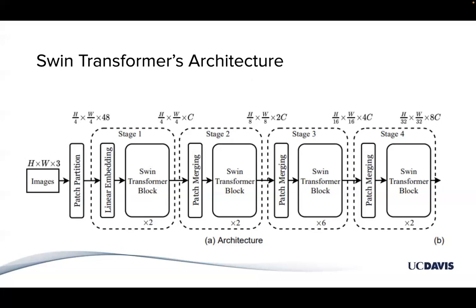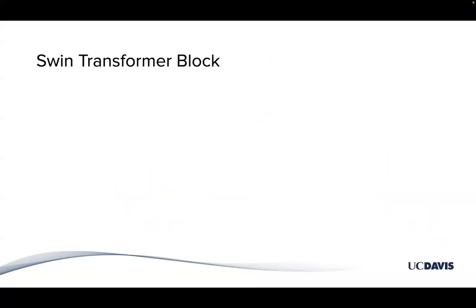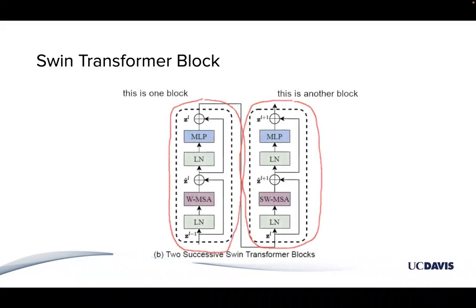This is the backbone structure which can be supplied to object detection, image classification, or semantic segmentation. So we'll see what the Swin Transformer block is and what is so special about the Swin Transformer.